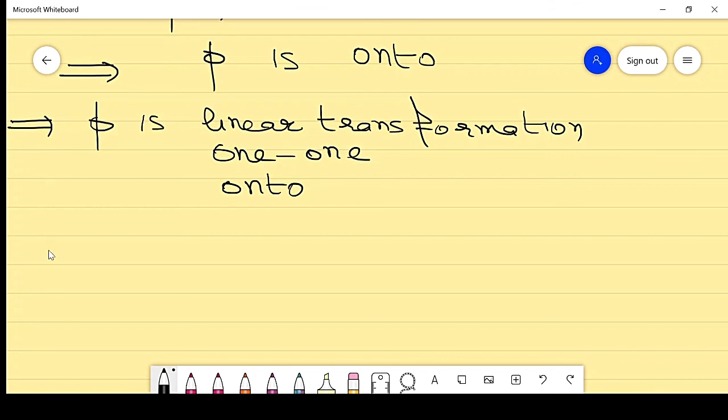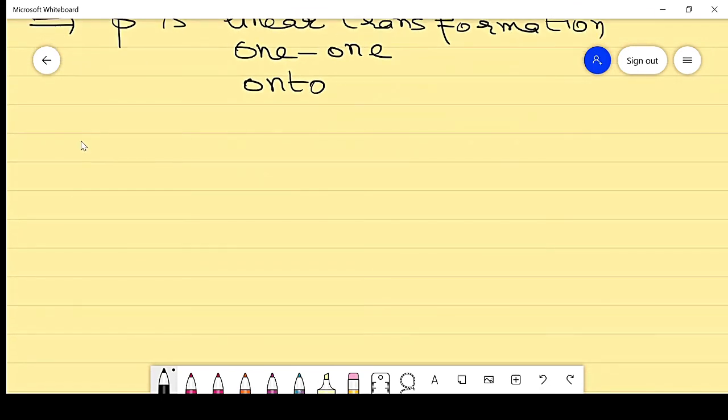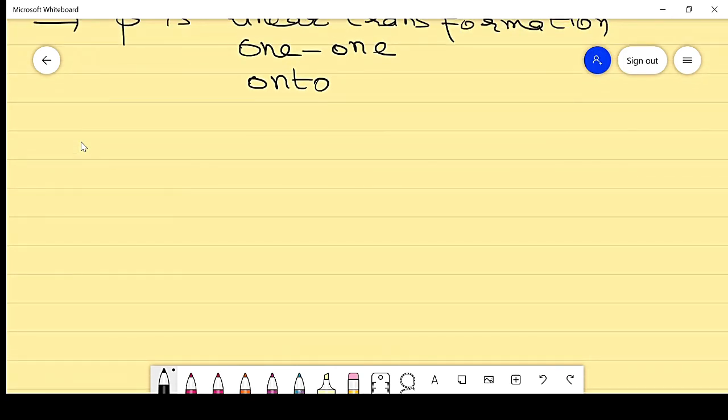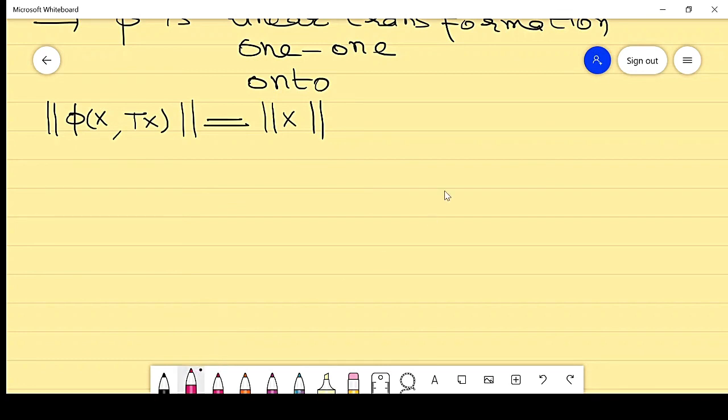Now next, to prove phi is a bounded linear transformation. So very simple. Norm of phi (x, Tx). Now just substitute its definition. So this is norm of x.